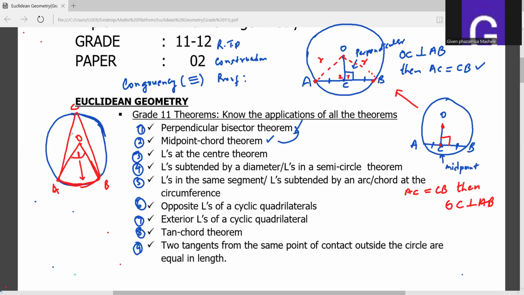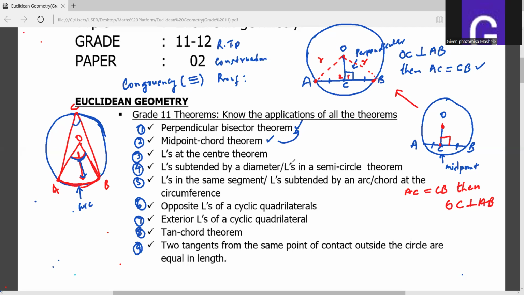According to this theorem, it says an angle that is subtended by an arc at the circumference. Remember this is our arc, can be an arc or a chord. An angle subtended by an arc at the center is twice the angle subtended by the same arc at the circumference.